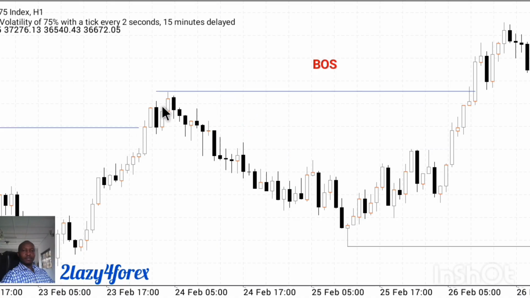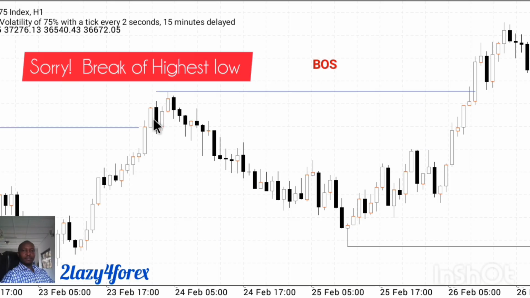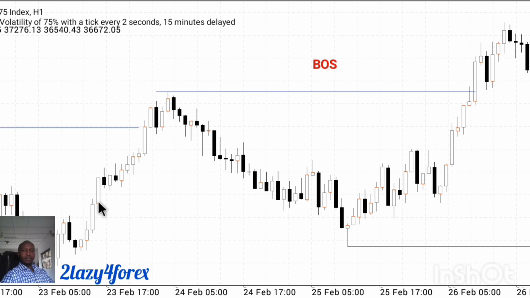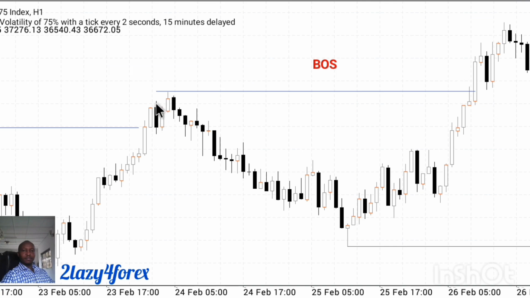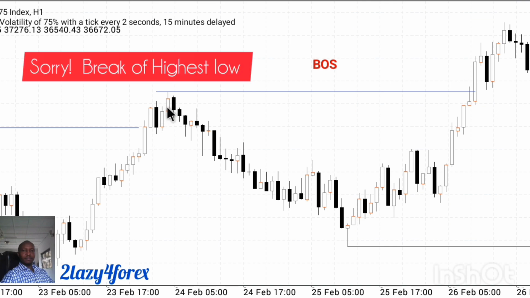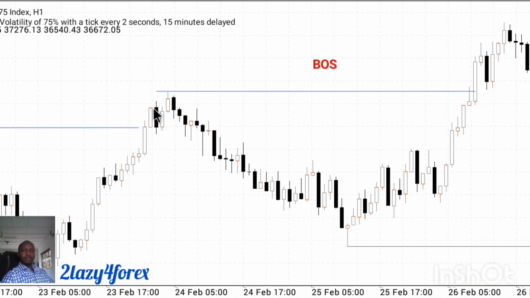So for me, there has to be a break of the highest high on this leg, this expansion leg. A high in the sense that this red candle closed above this black candle.